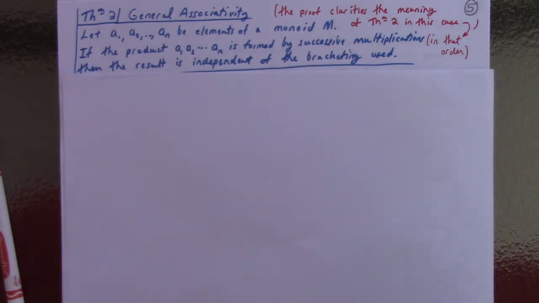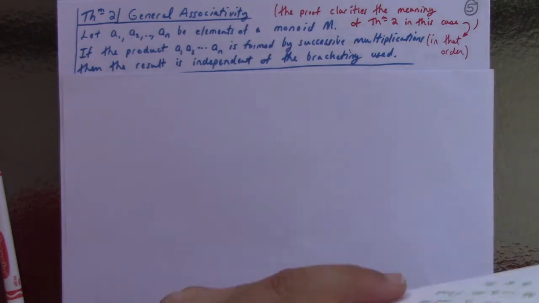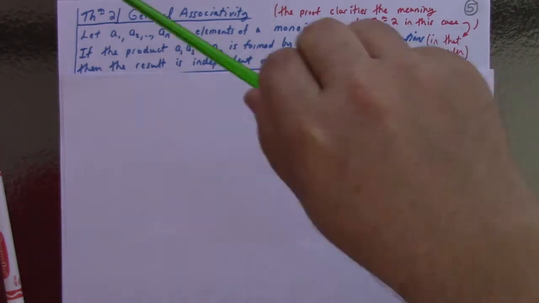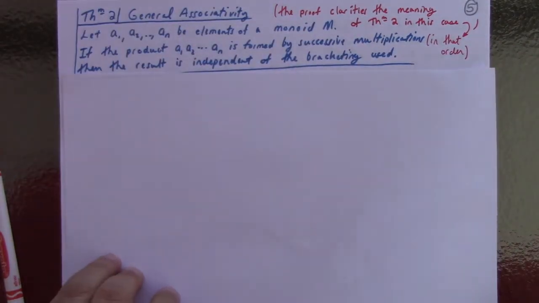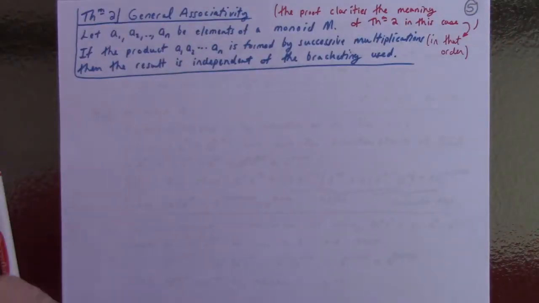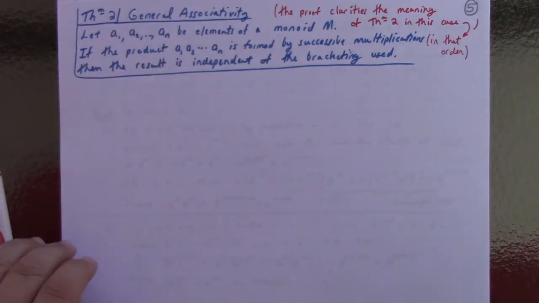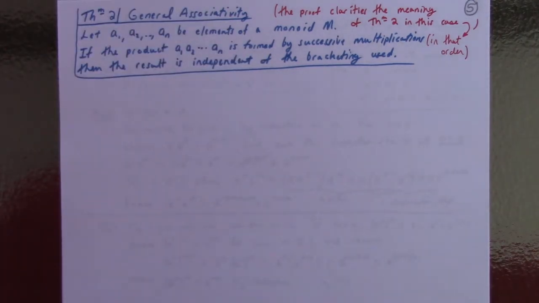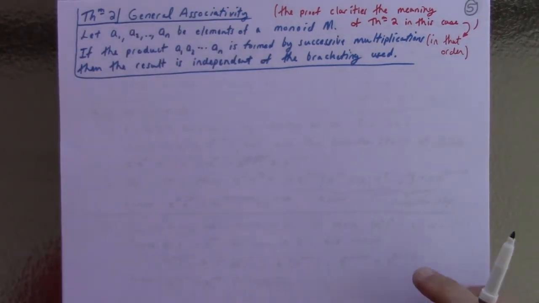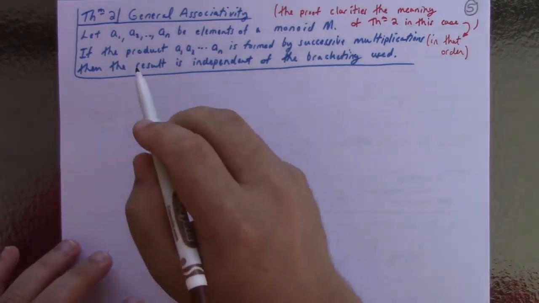Now, let me just go through the proof of that with you. I'm going to write this one out because I think it's important to see it. So the proof: we begin by developing a standard notation.